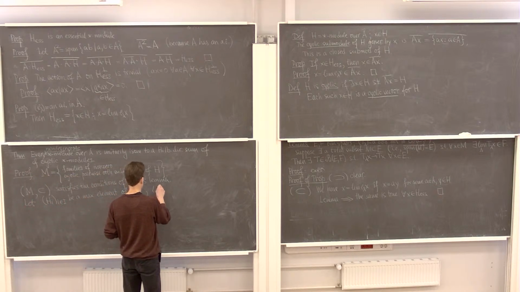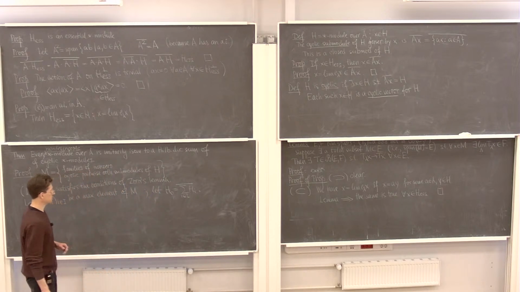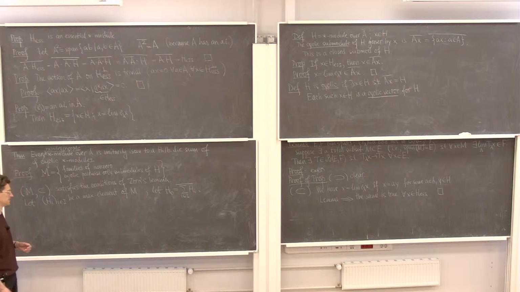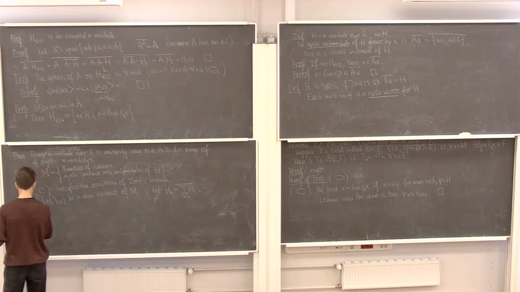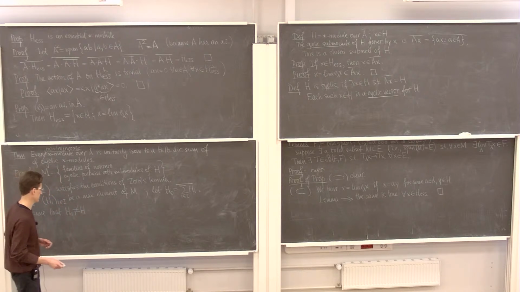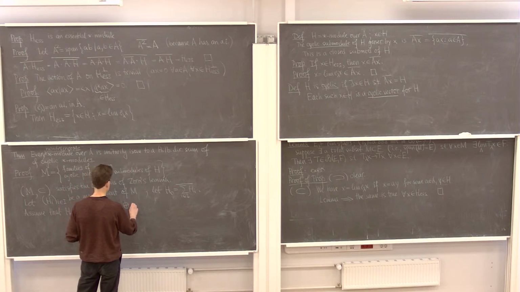So let's denote by H0 the closure of their algebraic sum. To prove that H is isomorphic to their Hilbert direct sum, it suffices to show that H0 equals H. We know that in this case we get an isomorphism between the Hilbert direct sum and H. Well, let's assume that this is not the case, that H0 is a proper subspace of H. Then we have the following direct sum decomposition, H0 plus H0 orthogonal.